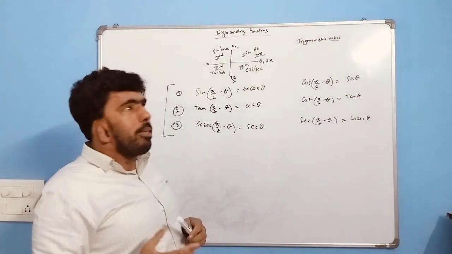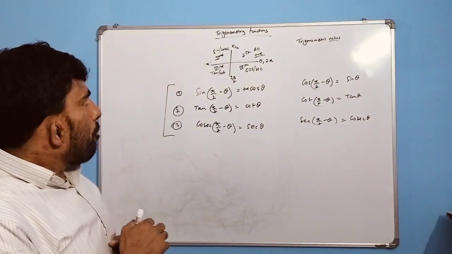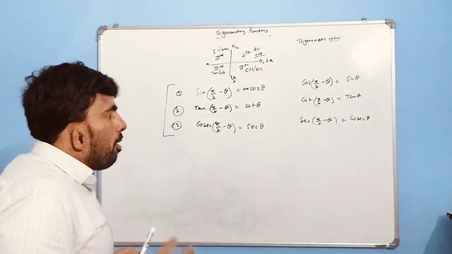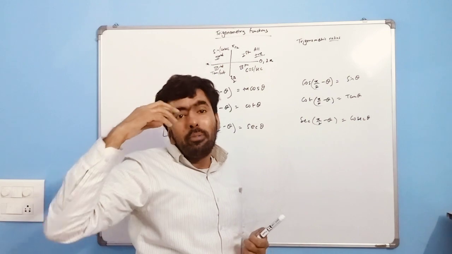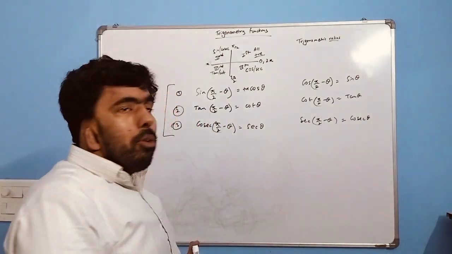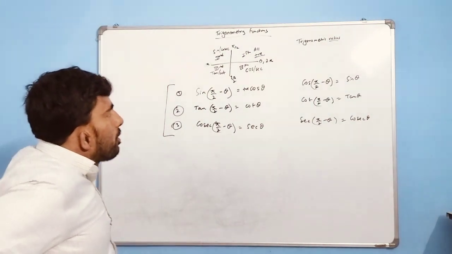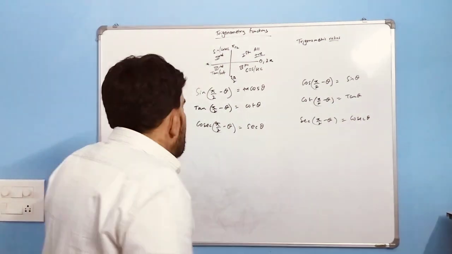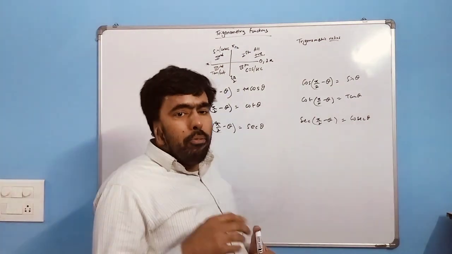But before that, let us discuss the values of the ratios. For example, what will be the minimum and maximum value of sine? We know the value of sine 0 is 0. What is the value at sine 90? It's 1. That is how we make the graph.